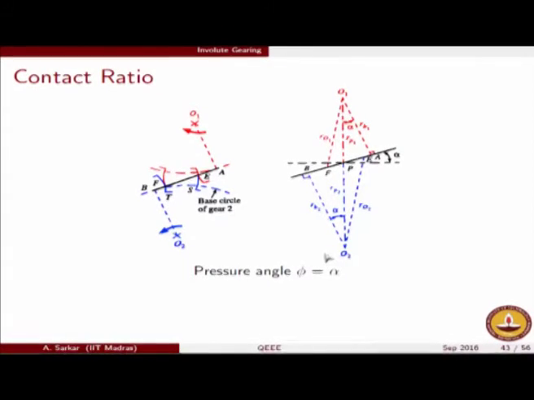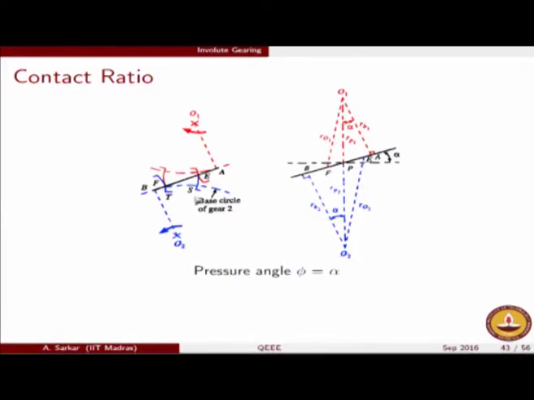Okay, the next topic is contact ratio. This is also something to do with the geometry. For want of time, I am not going to go into the details of these aspects of contact ratio, but I am simply going to elaborate what this ratio means. We understand how the engagement of the gear tooth takes place, as is schematically shown in the drawing on your left.